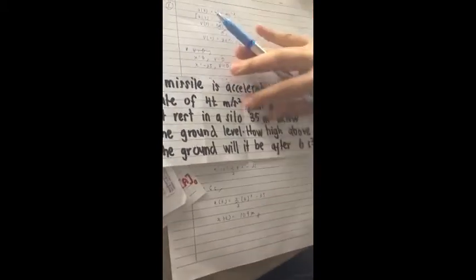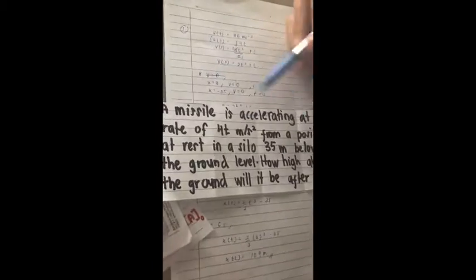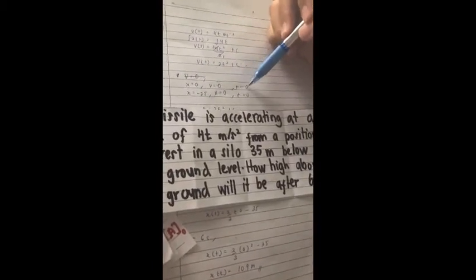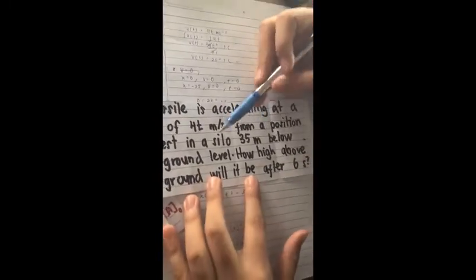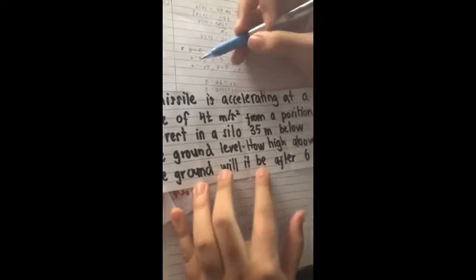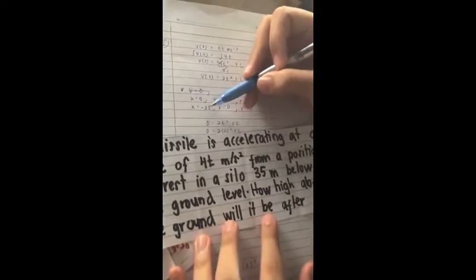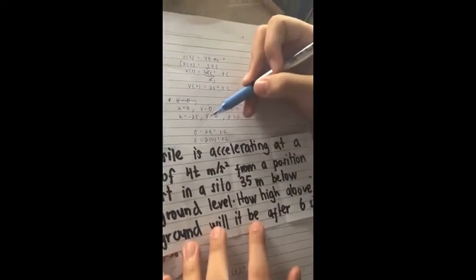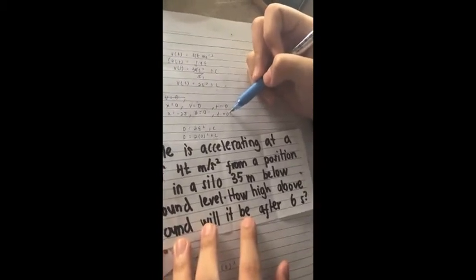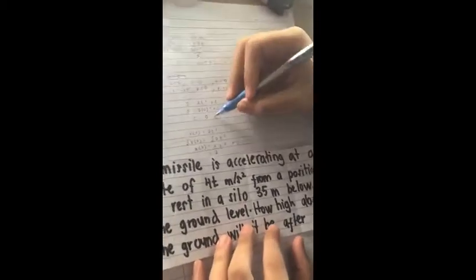So I think that at rest, v equals 0, and I assume that t equals 0. So I will get c equal to 0.